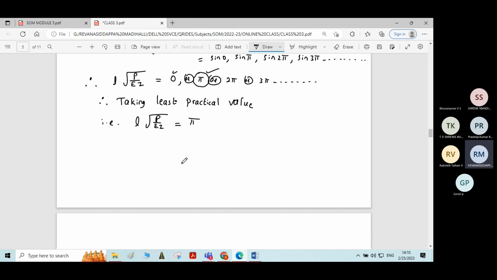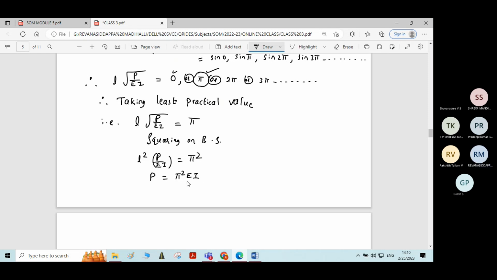Squaring on both sides, we get L square P by EI is equal to pi square. Therefore, P is equal to pi square EI by L square, which is the equation for the crippling load or buckling load of the column when both the ends of the column are hinged or pinned.